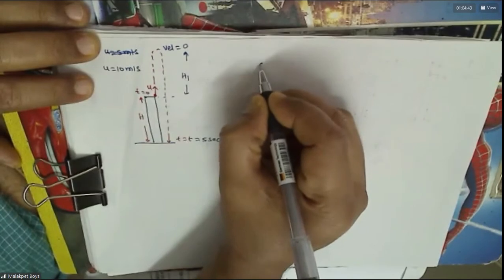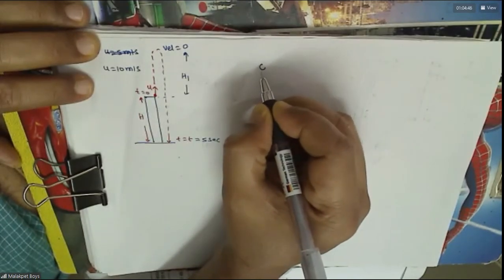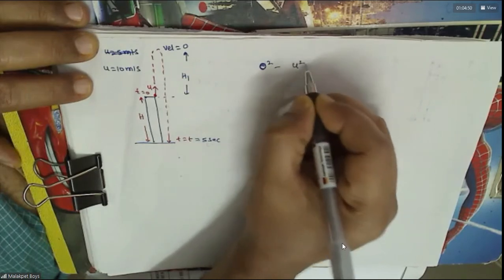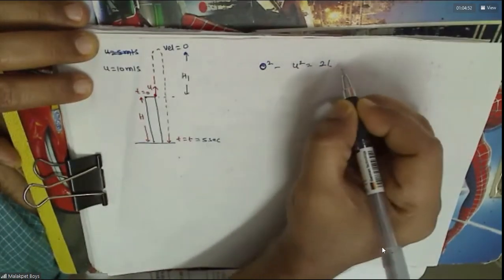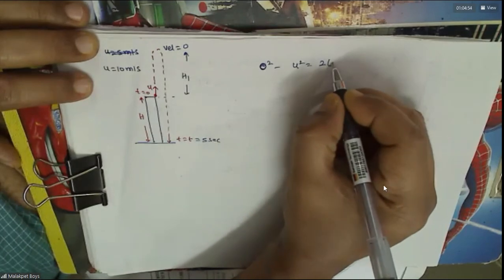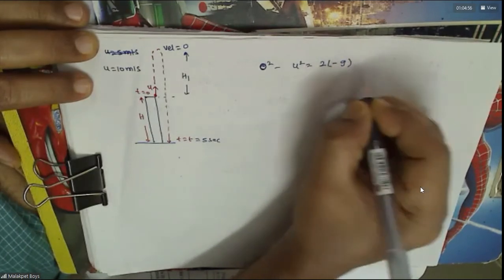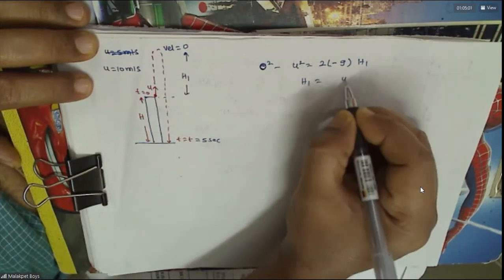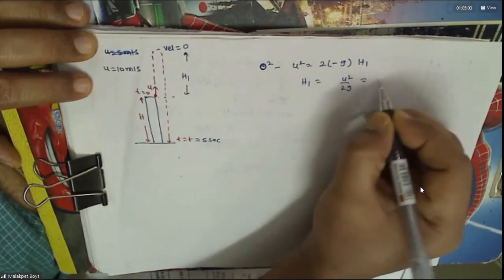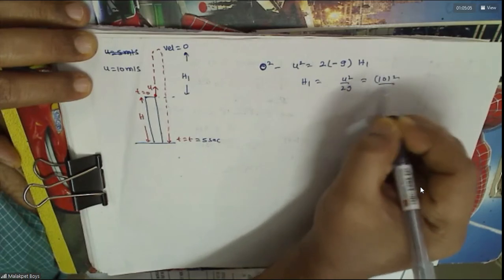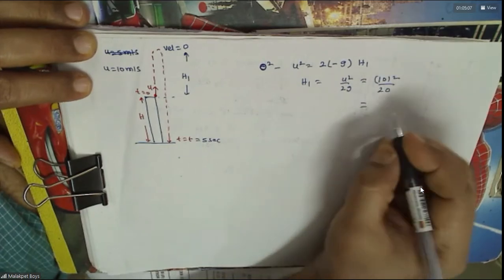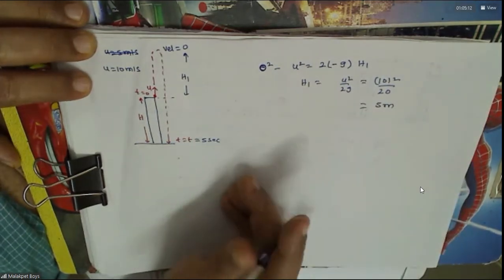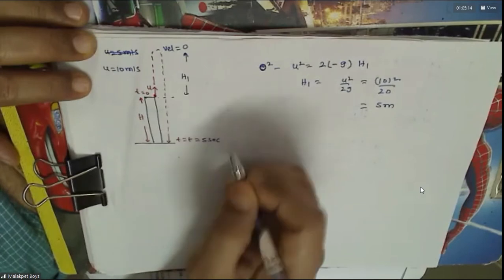So you used to use V square minus U square equals 2 into minus G into H1. H1 is how much? U square by 2G. 10 square by 20. So that comes to 5.